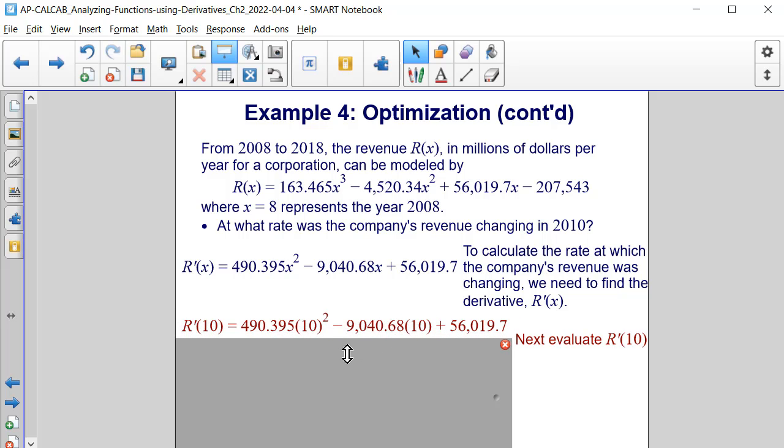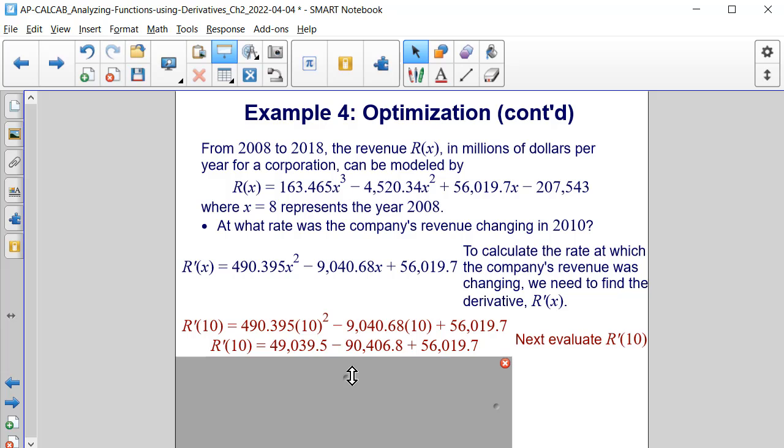So if we substitute 10 into our function and evaluate it, we will get 49,039.5 minus 90,406.8 plus 56,019.7.